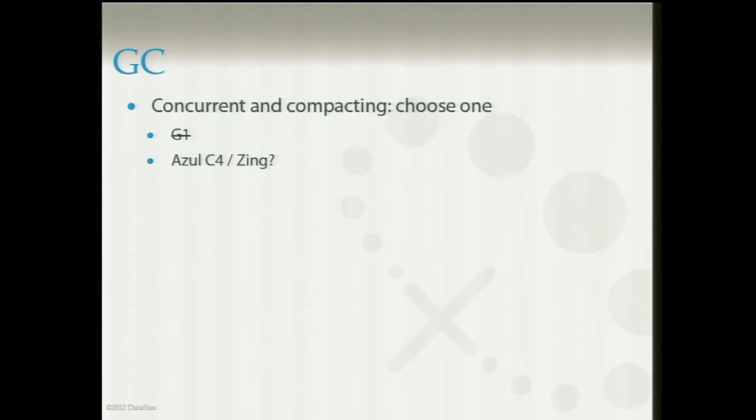So it can't keep up and it falls back to a stop-the-world kind of collection anyway, even worse than CMS did in our experience. We have a pretty good handle on what to do with CMS to avoid stop-the-worlds, primarily with avoiding fragmentation. So we pretty much recommend sticking with that in the Cassandra world.